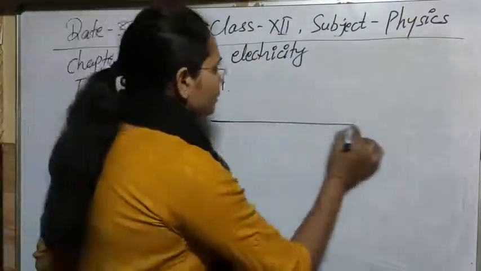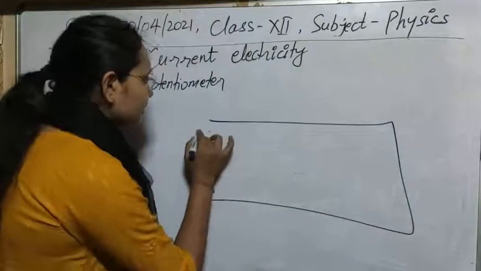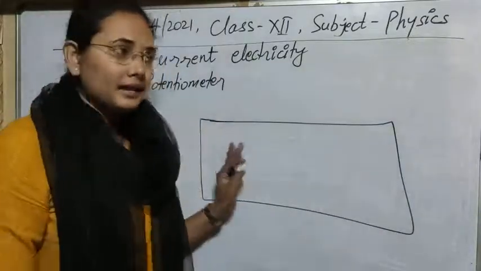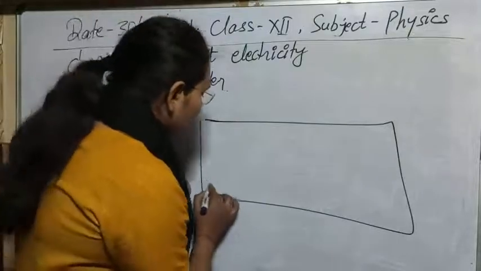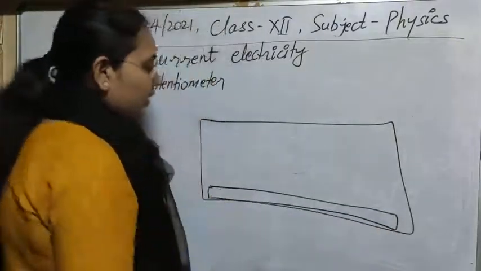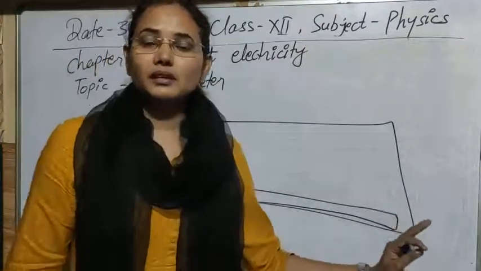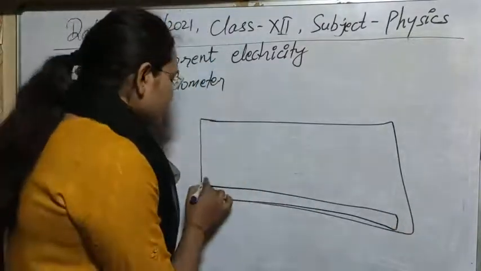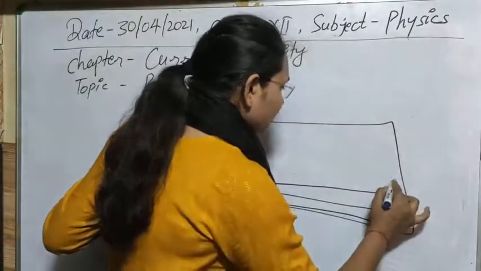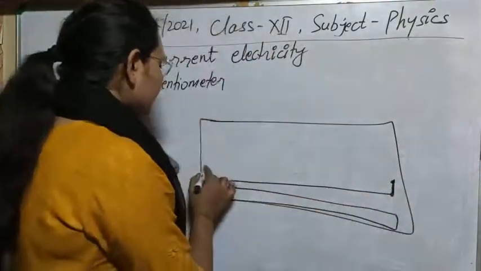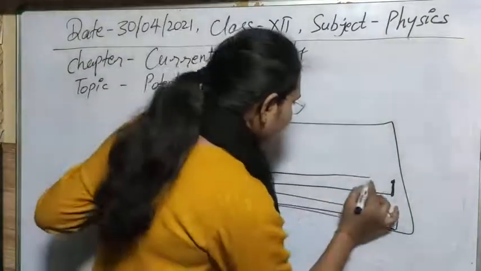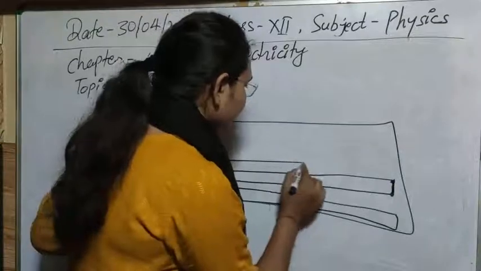Basically, the potentiometer is constructed on a wooden board, just like the meter bridge, and on this wooden board a meter scale is attached. This meter scale can measure 100 centimeters, and we use a number of wires on the potentiometer. Different metallic strips are there, and the wires are connected on these strips in such a way.